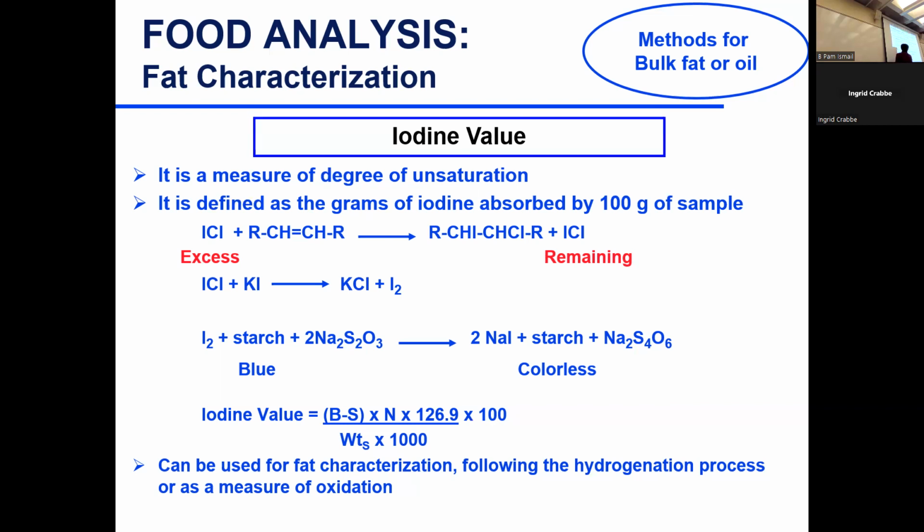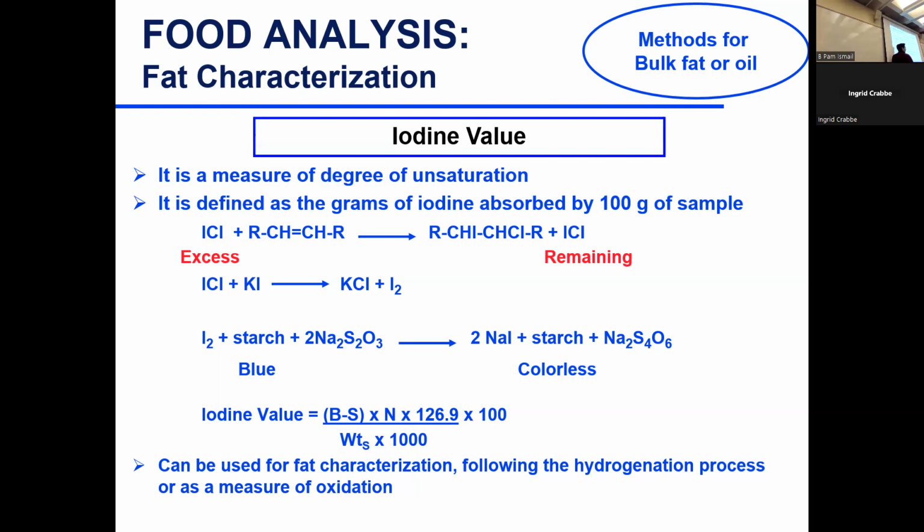So here, the volume times the normality is for your sodium thiosulfate. So blank minus sample volume times the normality of the sodium thiosulfate, whatever normality you're going to use.